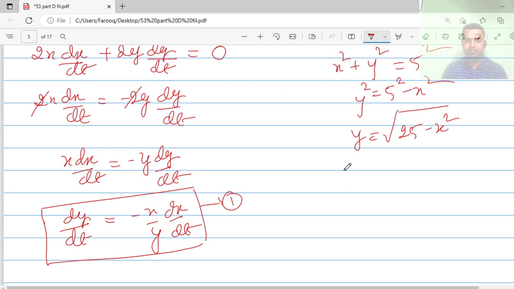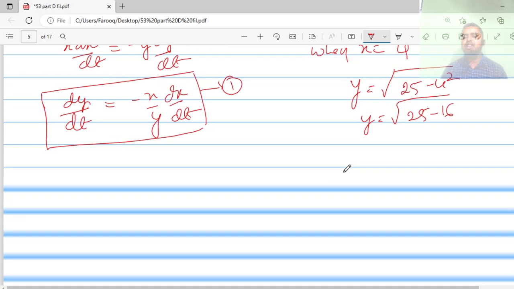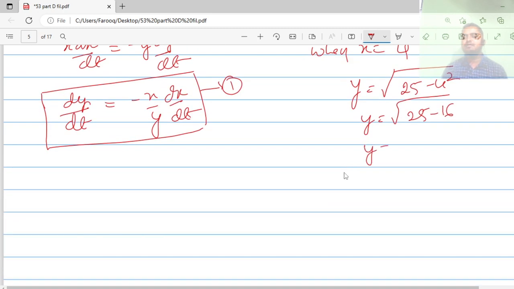What is the value of y when x is equal to 4? Y is equal to square root of 25 minus 4 square, which is square root of 25 minus 16, square root of 9. Square root of 9 is 3. The value of y is 3.